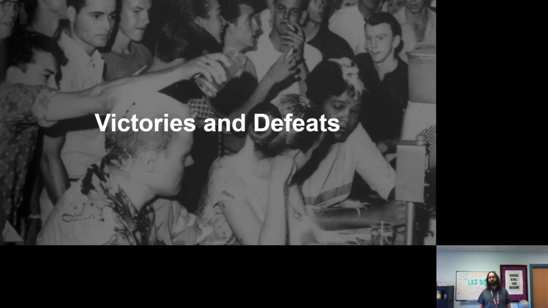So, there are some victories, there are some defeats. This is a picture of one of the lunch counter protests. We'll talk a little more detail about them. But basically, a lot of restaurants, even though they were technically not supposed to be segregating, did. And so these kids would go in and sit down at the counter together and order a drink.